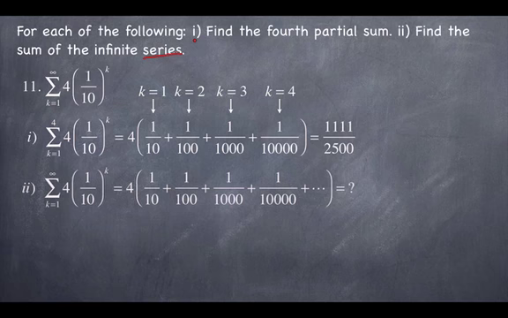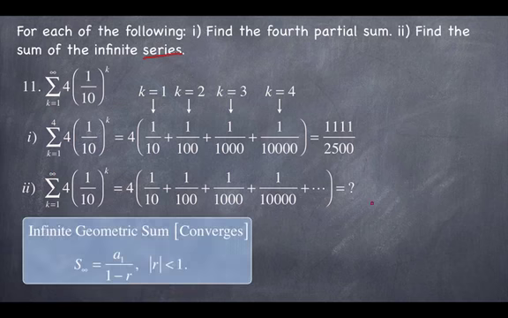Part 2 is basically to find the sum if you were to keep going all the way to infinity. You learned how to do this in Algebra 2. This is the formula you saw in Algebra 2. This is what we call an infinite geometric series, and the infinite geometric sum converges when r satisfies this inequality.